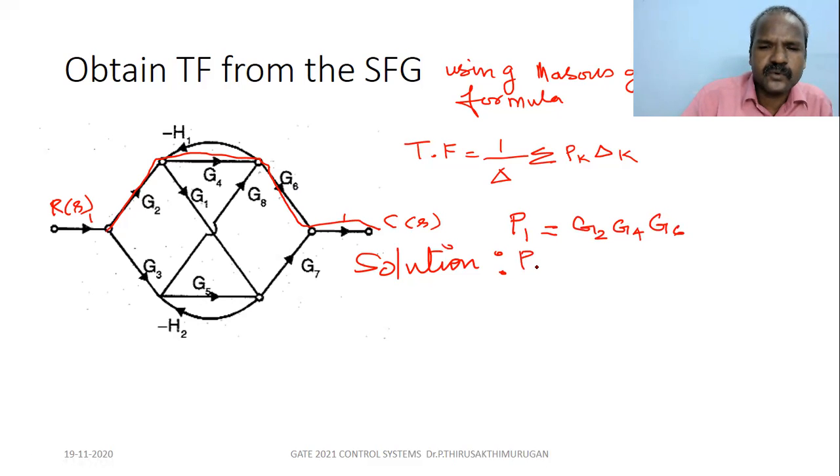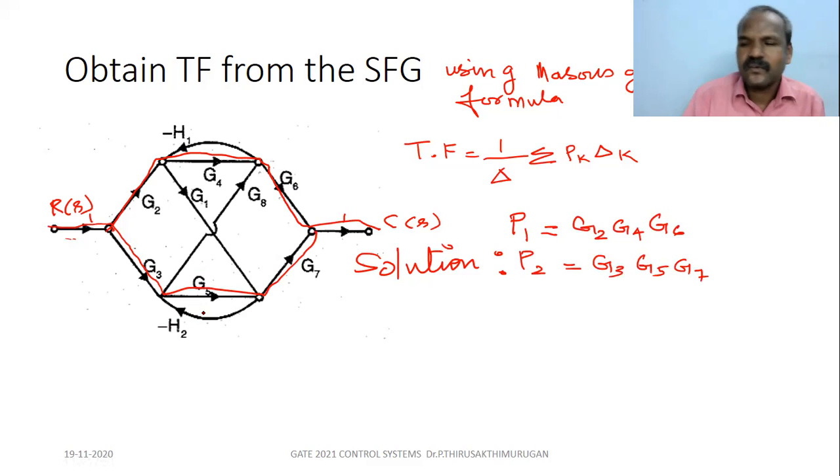What is P2, the second forward path? You can have G3 this way, G3, G5, G7.